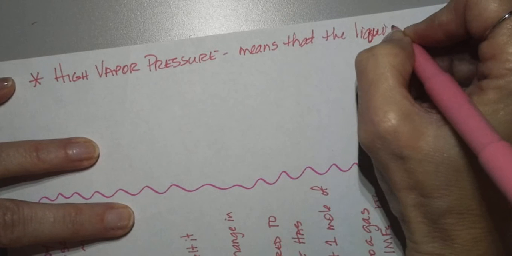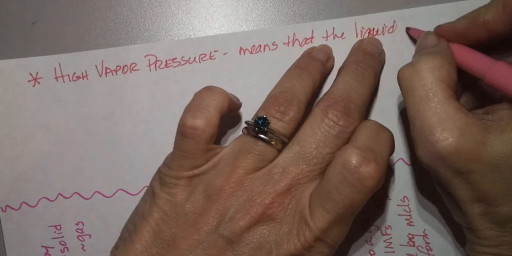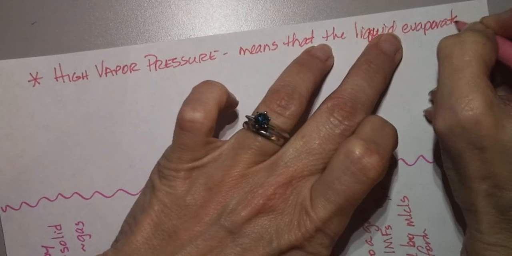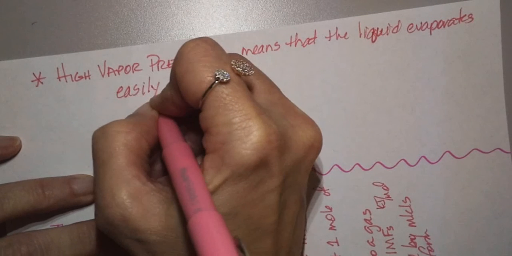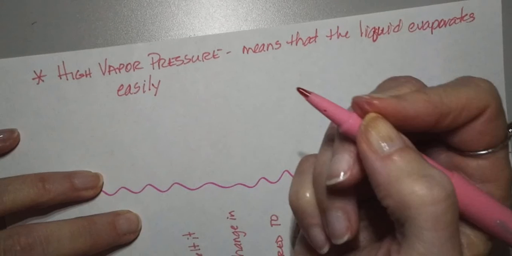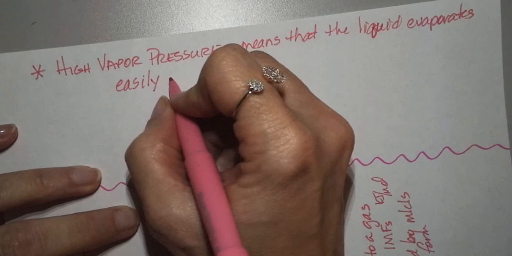If there's a high vapor pressure, it means that the liquid evaporates easily. That means it's volatile. Okay? They're going to have some questions about that.